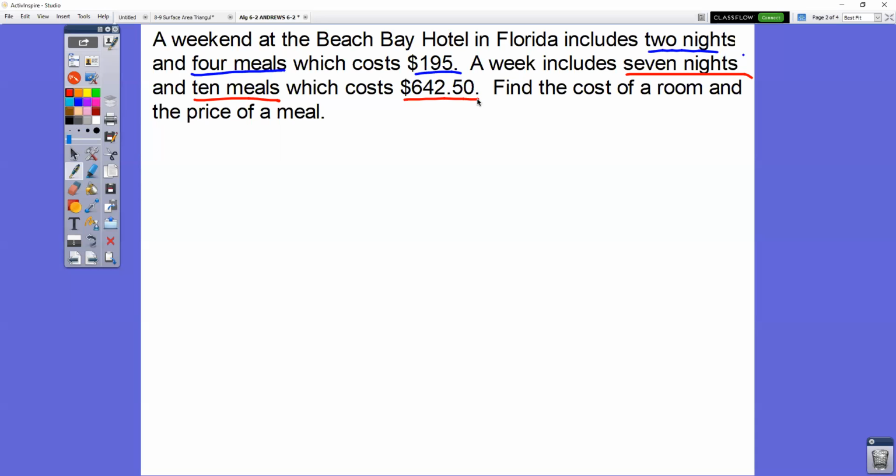Just so that everybody's using the same letters, let's use N for the nights, and let's use M for meals. Go ahead and set up the 2 equations, please.